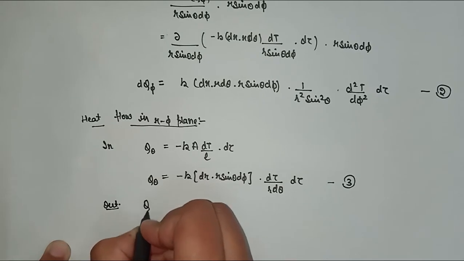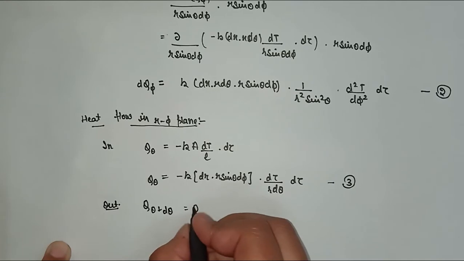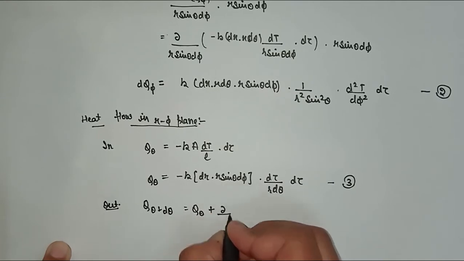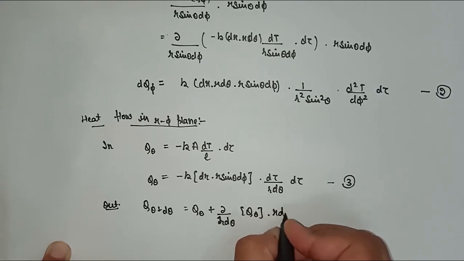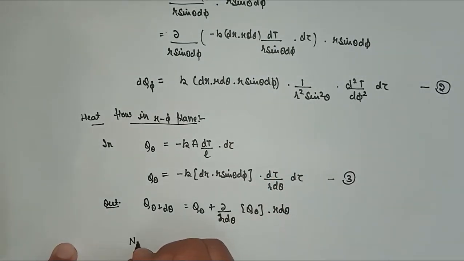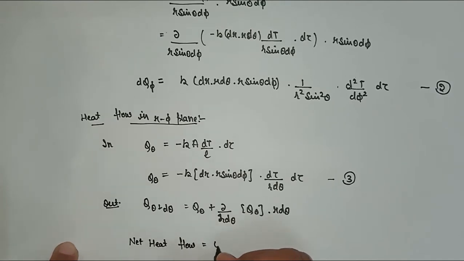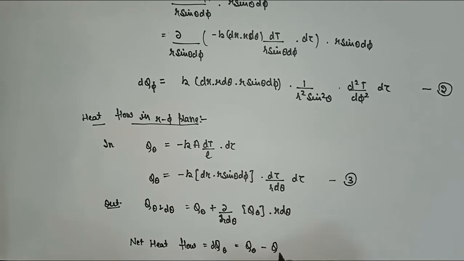Now the heat that will go out of the system will be Q theta plus d theta, and this will be equal to Q theta plus the partial derivative of Q theta with respect to r d theta into r d theta. Net heat flow for this plane would be dQ theta, and this will be equal to Q theta minus Q theta plus d theta.